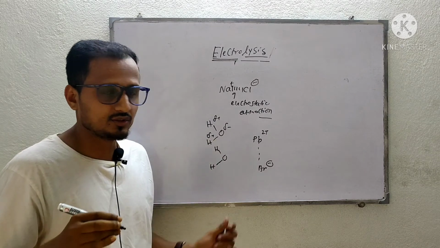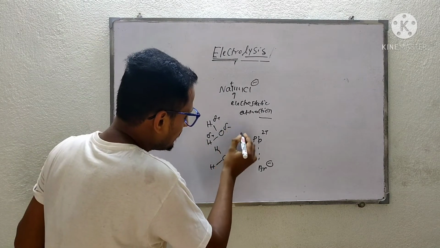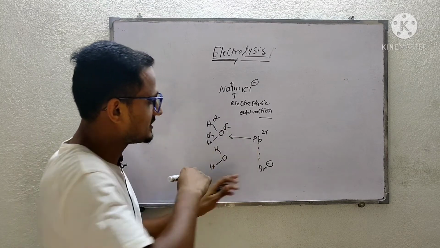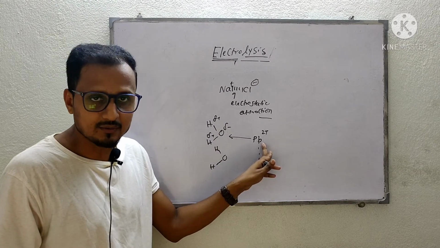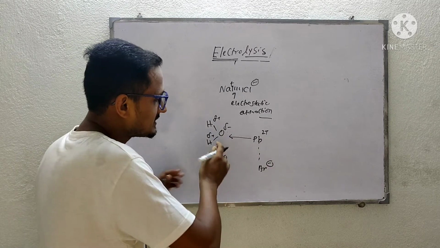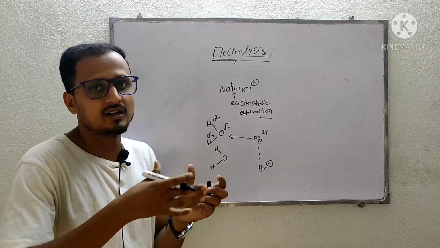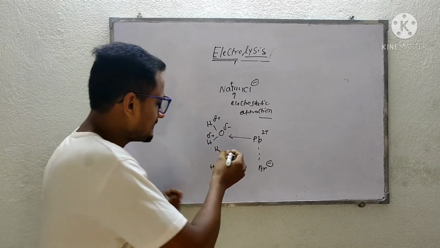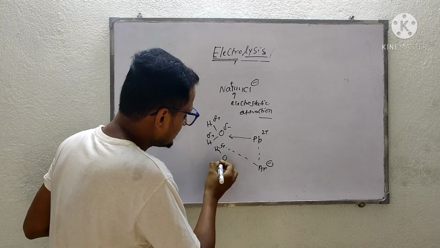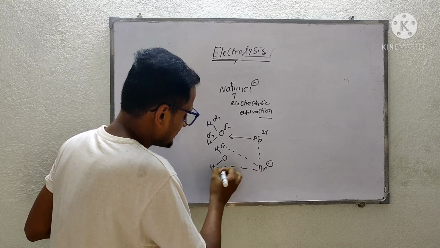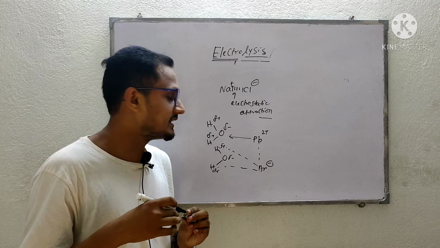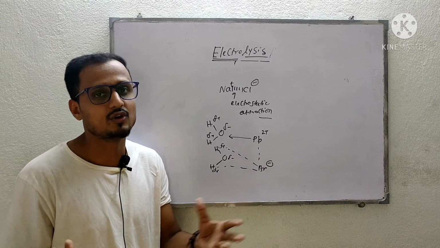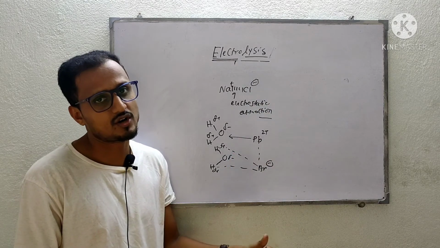So there will be attraction between this negative pole of water, that is oxygen, and the positive Pb2+ ion, which will make a separation. Again, there is attraction between the positive pole of water, that is hydrogen, and the bromide ion. So the Pb2+ ion and Br- ion will be separate, and that will conduct electricity. Same way for chloride also.